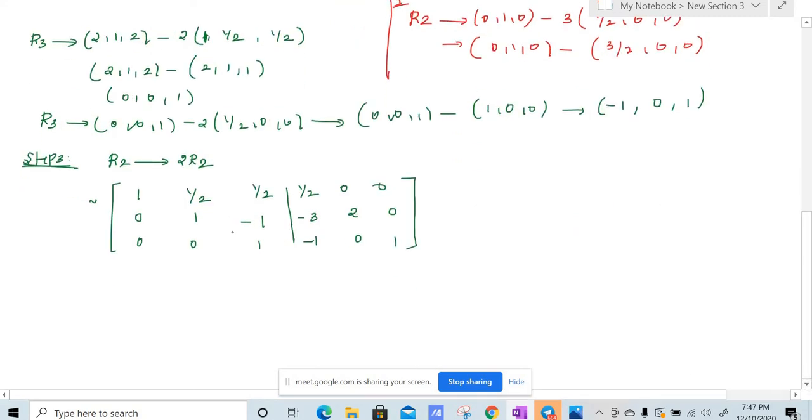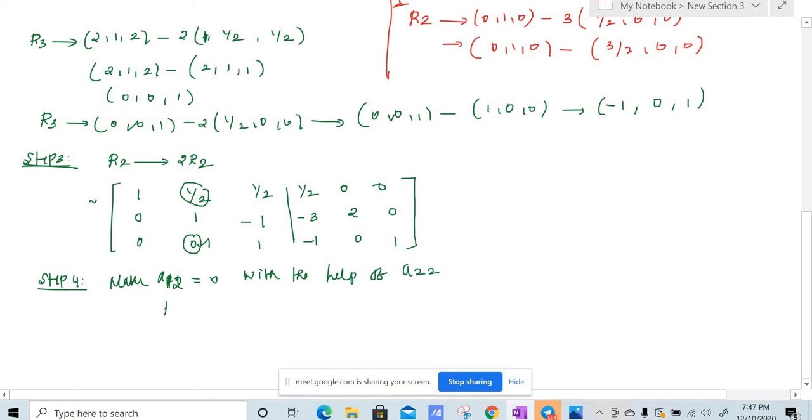And step 4 will be, we need to make this element 0 with the help of this element. Already this element is 0, so we don't need to do anything. So step 4 will be, we need to make this element a12 equal to 0 with the help of a22.